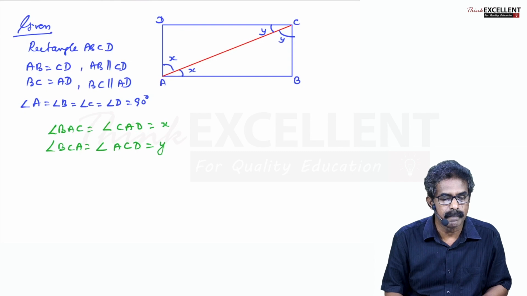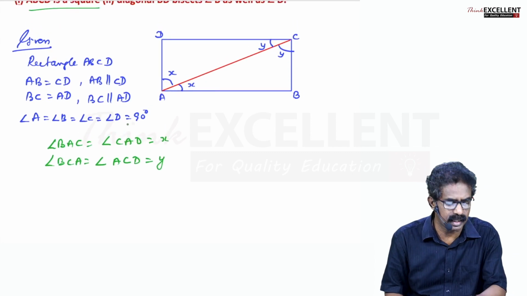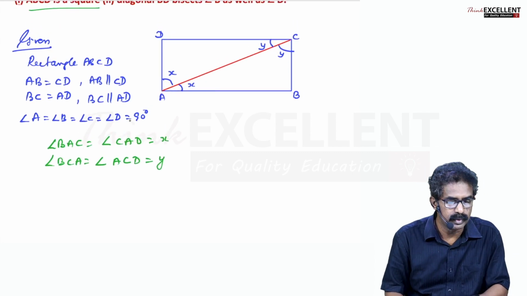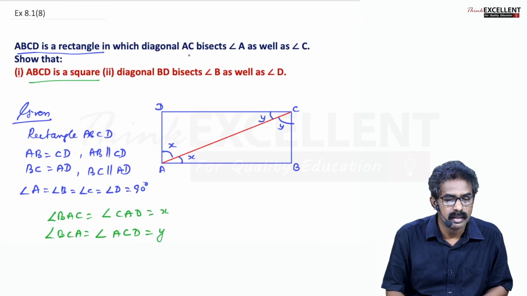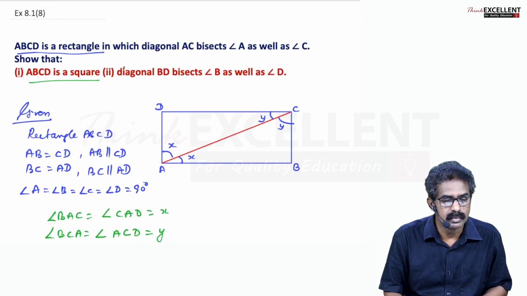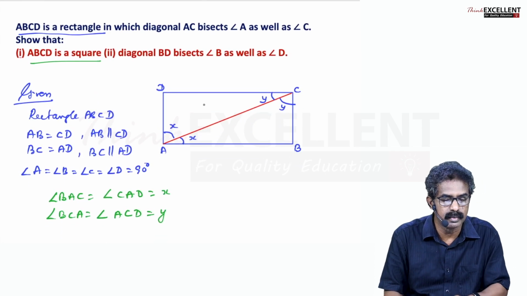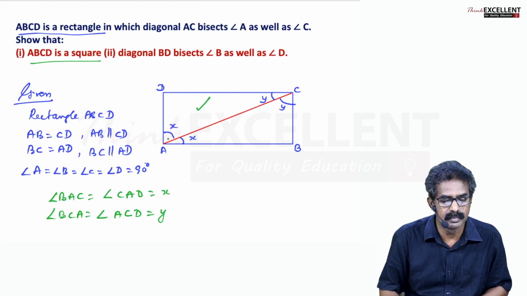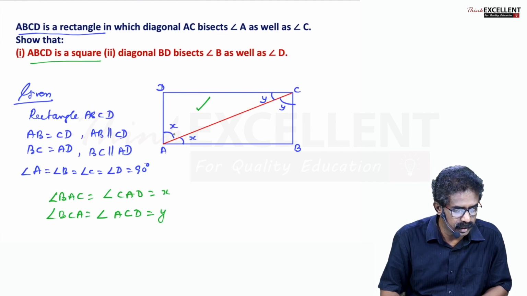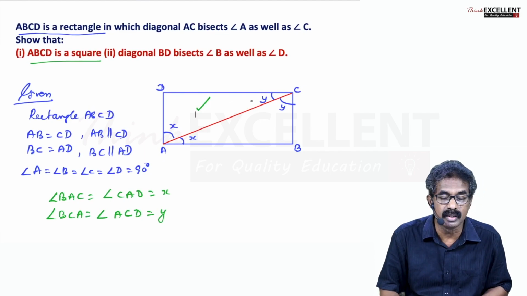It is a rectangle, and we have to prove ABCD is a square. For that, take triangle ACD. In triangle ACD, what can you say about angles X and Y?